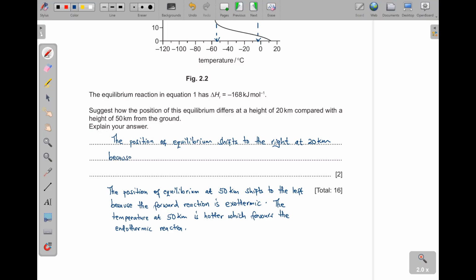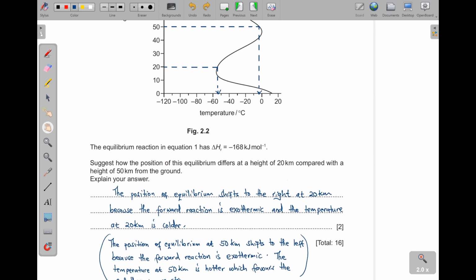Because the forward reaction is exothermic. Okay, is exothermic. How do you know? And the temperature at 20 kilometers is colder. You can say is lower. Okay, you can write this one or this one here.